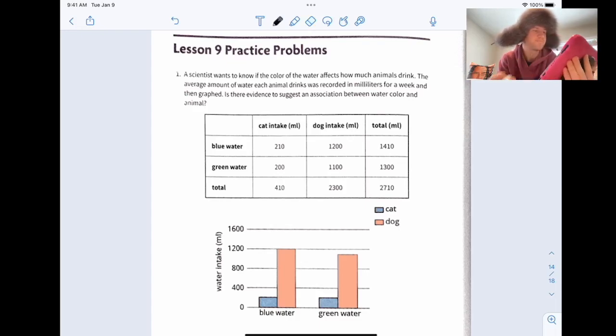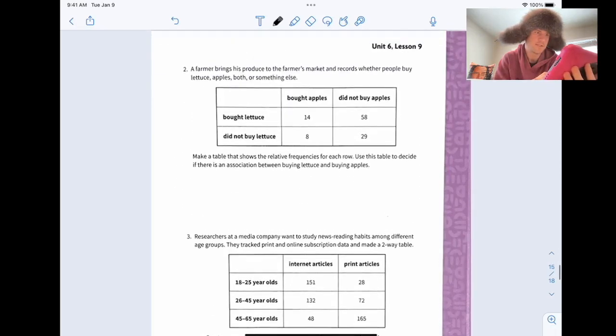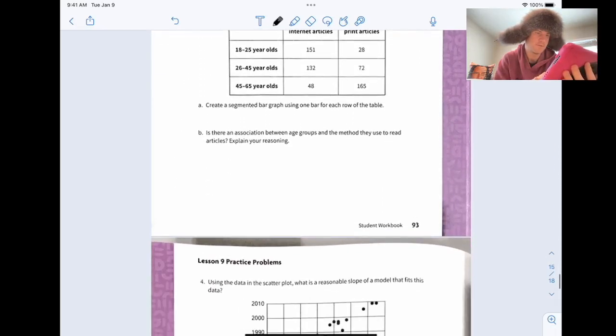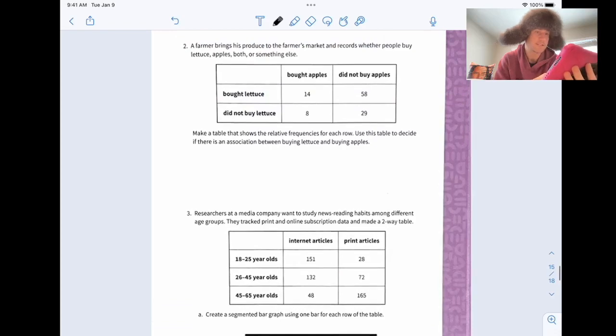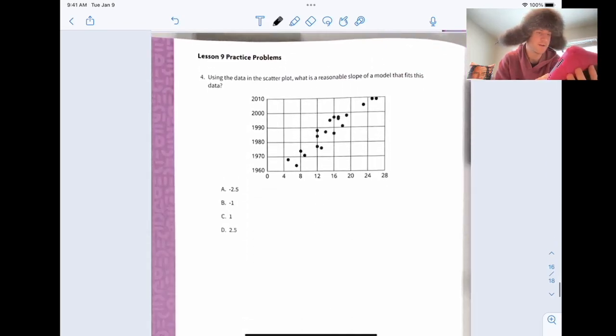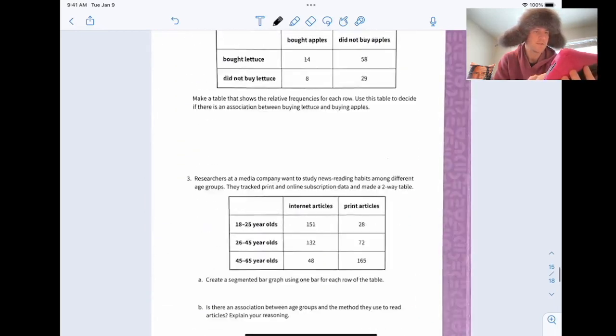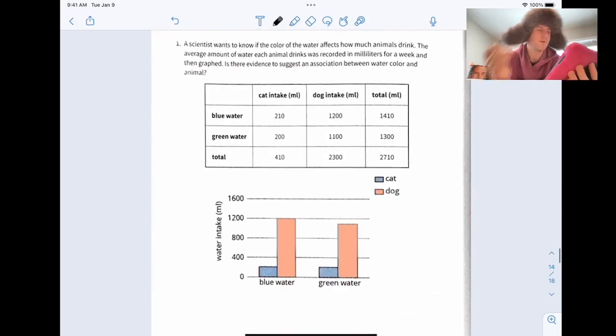Okay, so in the lesson 9 practice problems, the first one is a question I want y'all to be able to do. Actually, same with the second one. Yeah, the second one's going to be good as well. Number 4, y'all can do. Okay, so for number 1, a scientist wants to know if the color of water affects how much animals drink.